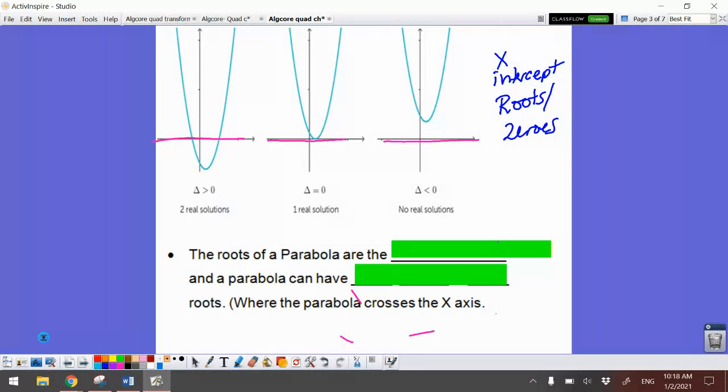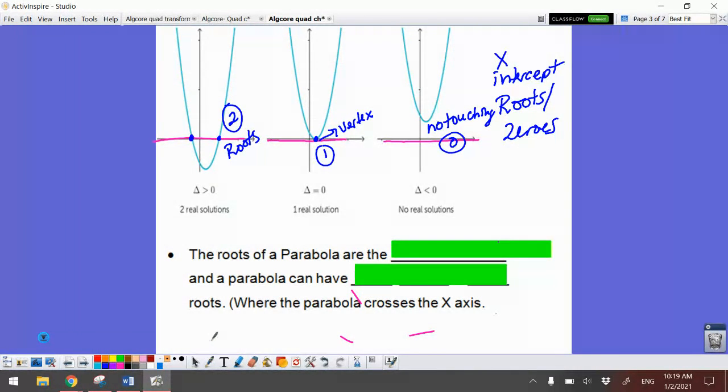And if I take a look at how many times this one is touching, it is touching 2 times. So that parabola has two roots or 2 intercepts. The next one only has 1 because it's only touching in one spot. And that spot happens to be my vertex. Okay. And then this one is not touching. So if it's not touching, that means it has no roots or zeros.